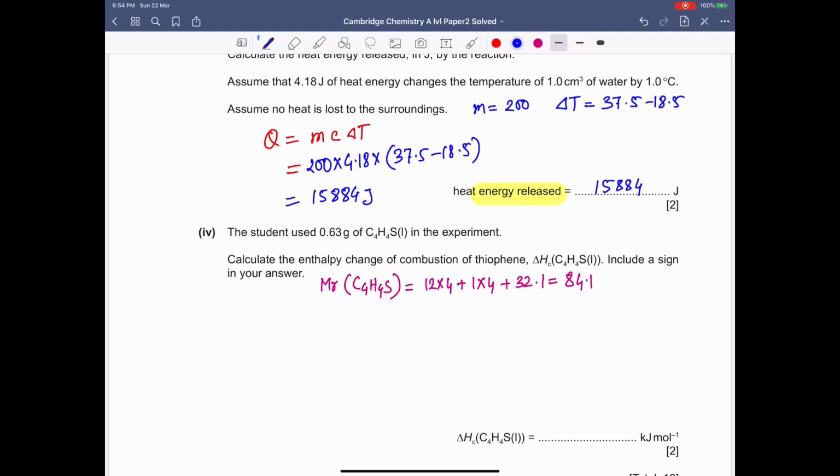Number of moles of thiophene equals 0.63 gram divided by 84.1 gram per mole, which gives 7.49 into 10 to the power of minus 3 moles.